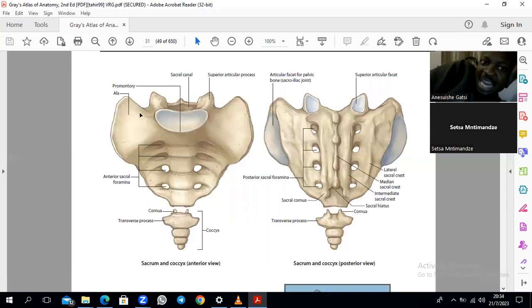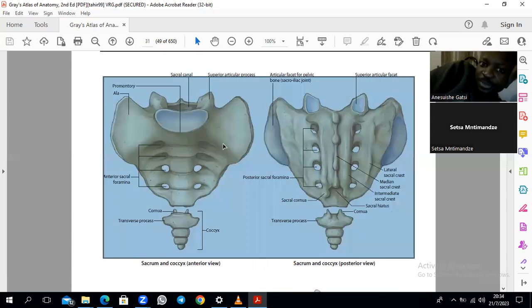They look like wings of a bird. When you do pelvis, you're going to talk about clinical conditions called Robert's pelvis, Naegele's pelvis, and the likes, where this ala will be absent and the pelvis tilts to one side. So these are the flaring parts of your S1 vertebra.